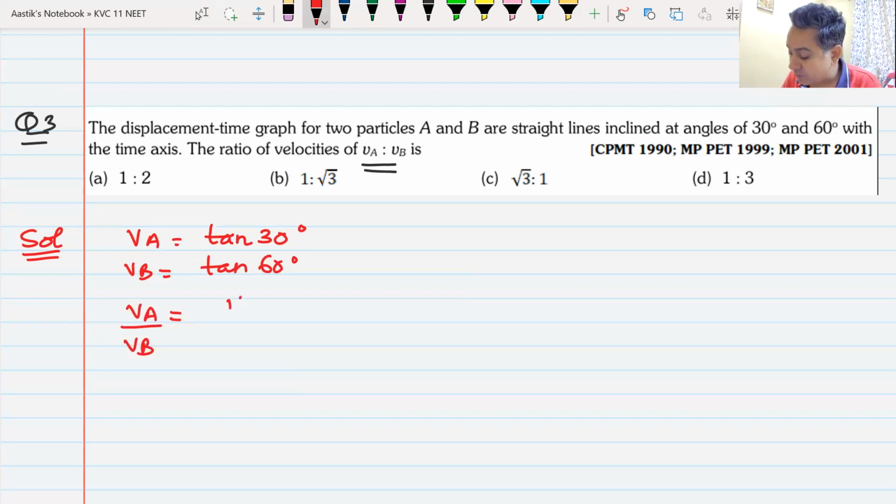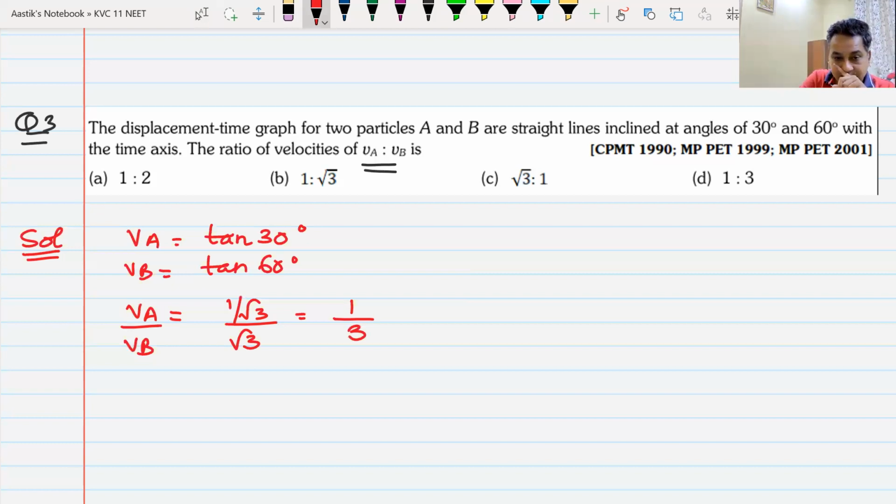Tan of 30 is 1 by root 3, divided by tan of 60, which is root 3. 1 by root 3 divided by root 3 is 1 by 3. So your answer is 1 by 3. Well done. Do we understand how we are supposed to do this? Yes, sir.